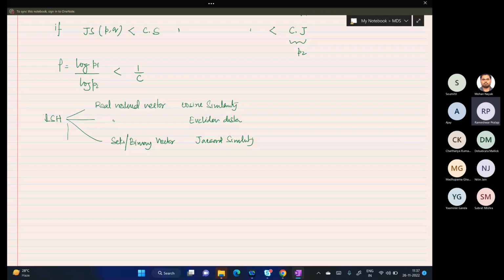But there are several other LSH schemes known depending on different data types and similarity measures that we have not covered. For example, real valued vectors and inner product.